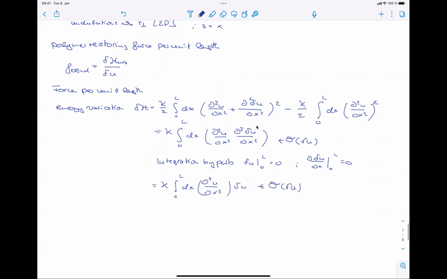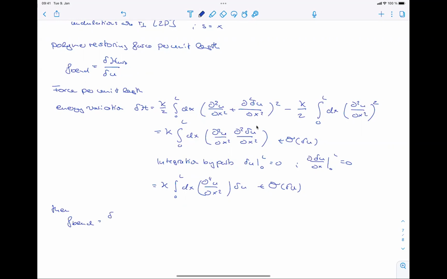And so from here, we can now determine the bending restoring force, given that we now have this linear relationship.